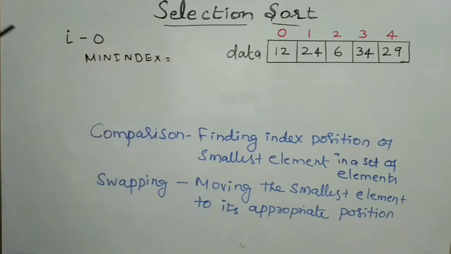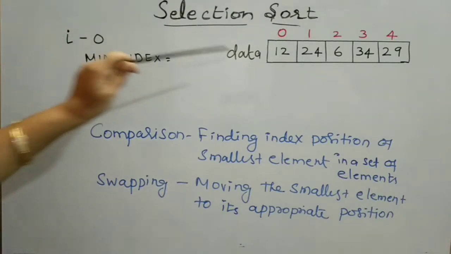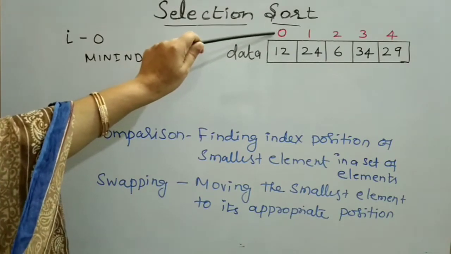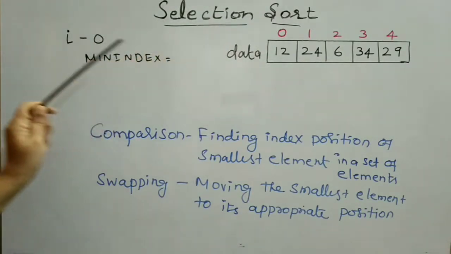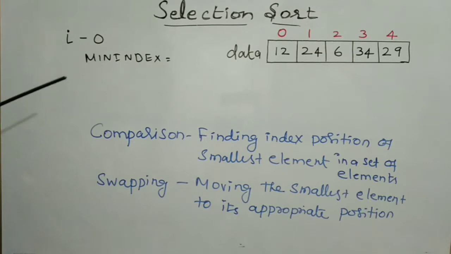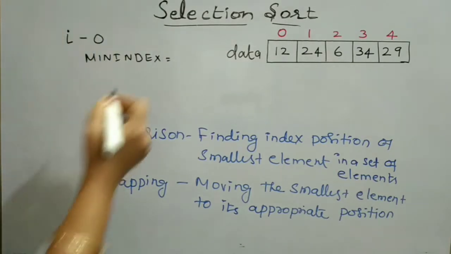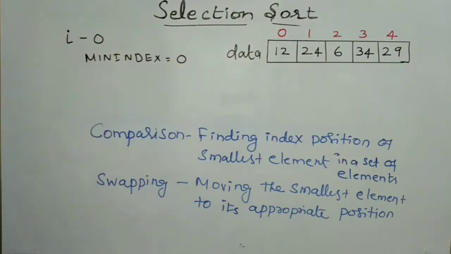Minimum index is the index position of the minimum element. Initially, we assume the element in position I, that is 0, is the minimum element. We assume the first element to be the minimum element. So minimum index is initially 0.